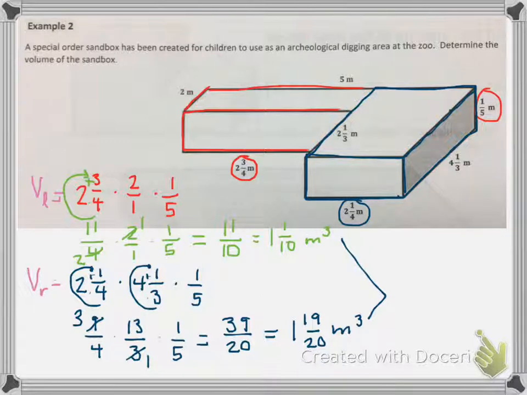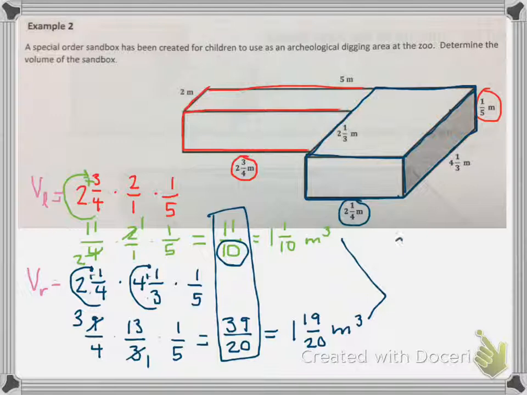Now to get the total, I'm going to add these together. So I could either use the improper fractions, or I could use the mixed numbers, but I think improper fractions are going to be easier. I'm going to use these two to add together, and in order to do that, I need to make my denominator here into a 20. So I'm going to multiply this by 2 over 2.